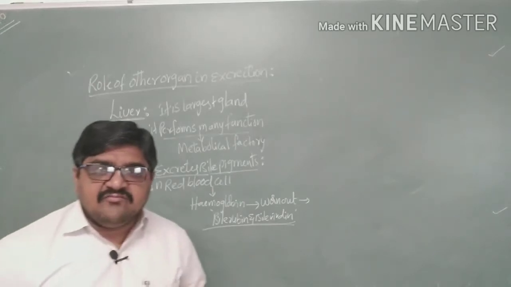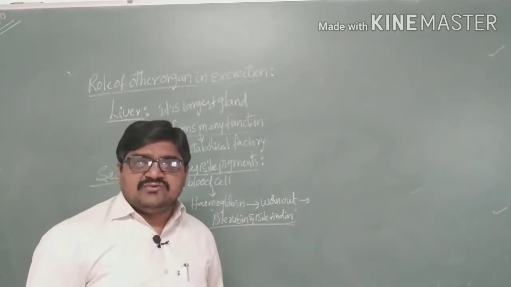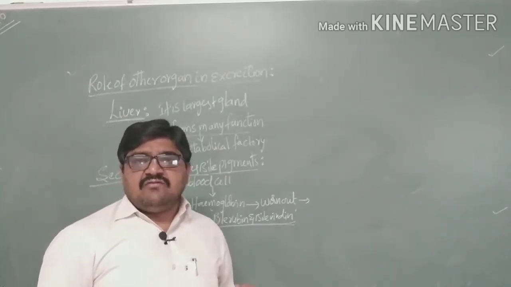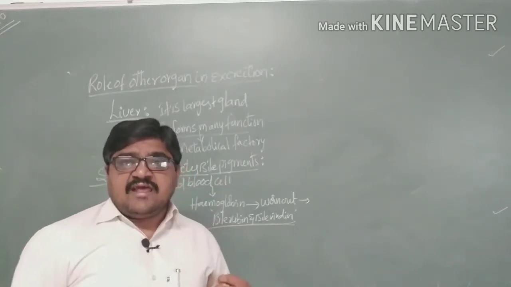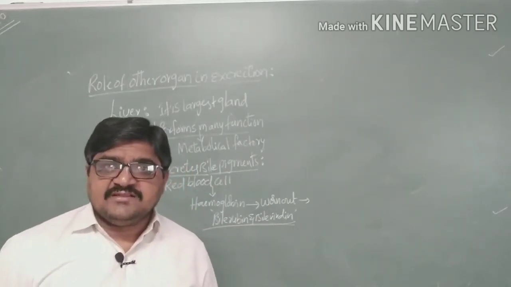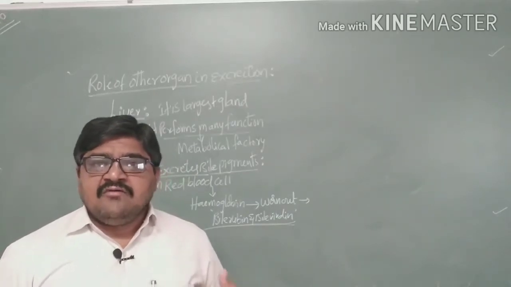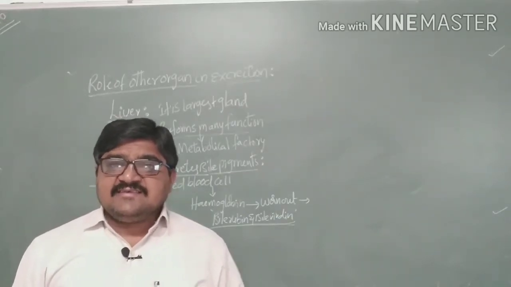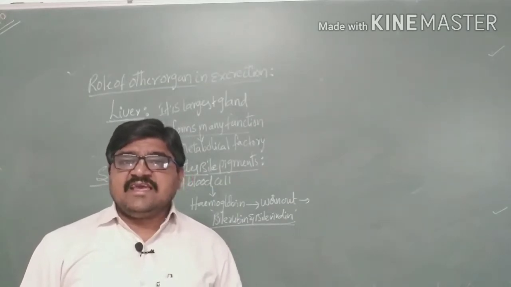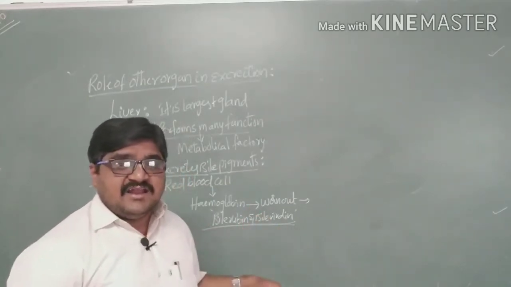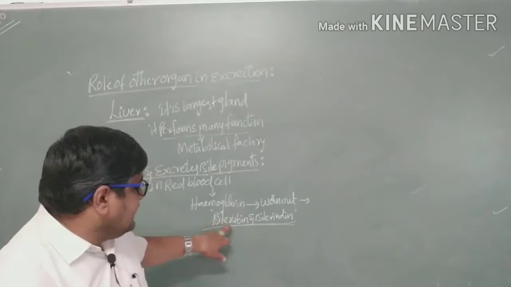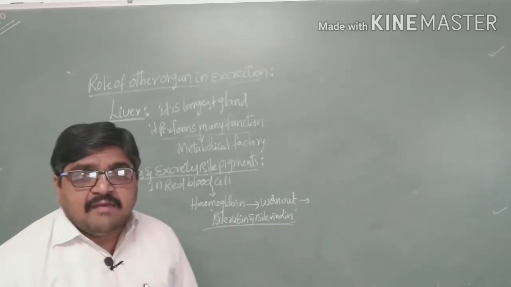That means in the liver they are secreted in the form of bile juice, which is very helpful for the digestion of food materials in the intestine. The excess bile juice is excreted outside from the body in the form of bilirubin and biliverdin.